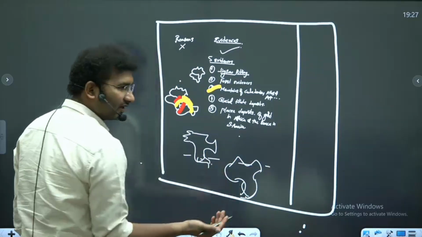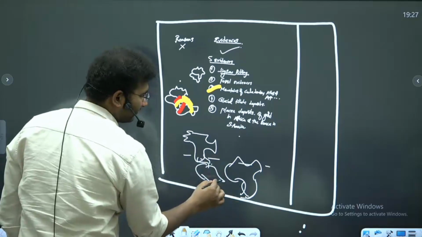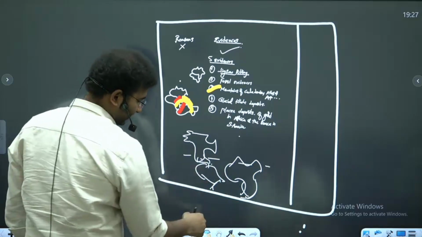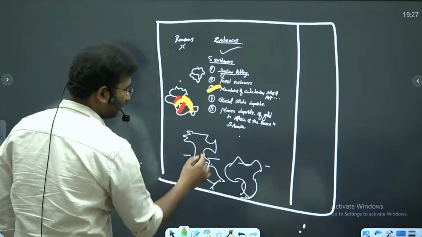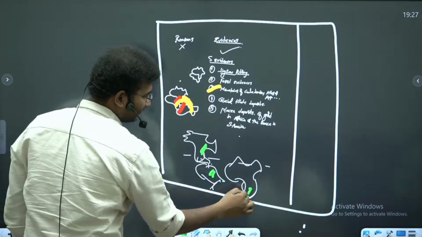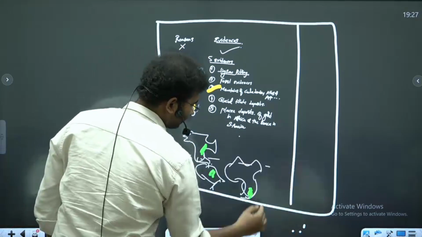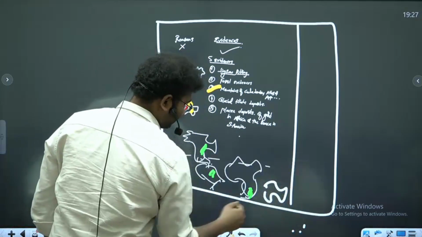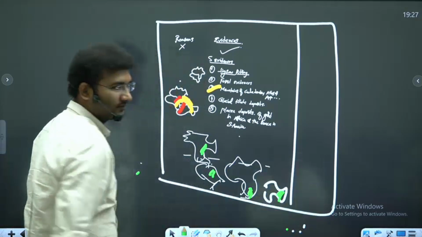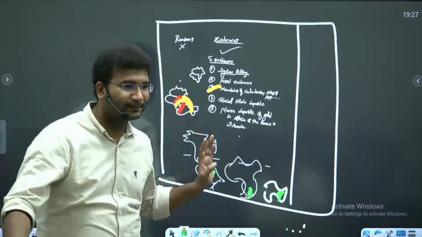It should just look like a world map, not exactly the world map. Right? That's it. If I have to show the grasslands, here I'll show, examiner will give you 1 mark here.